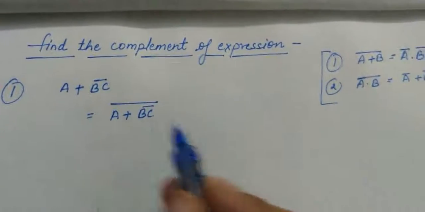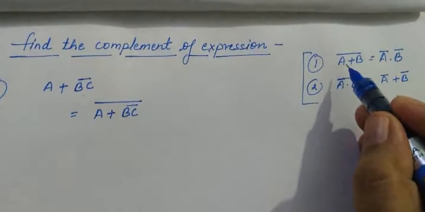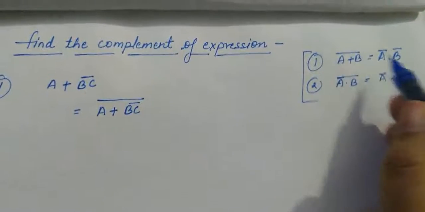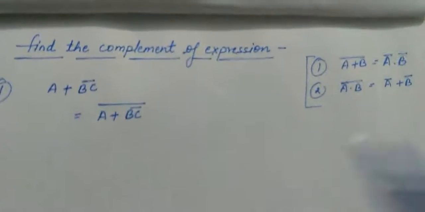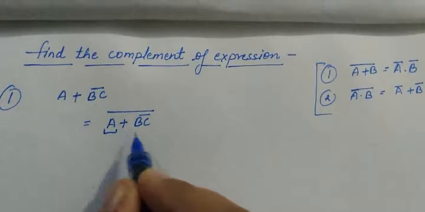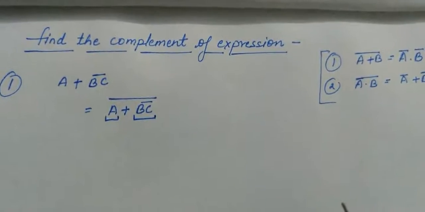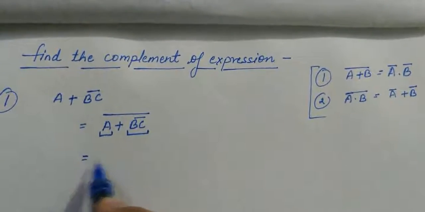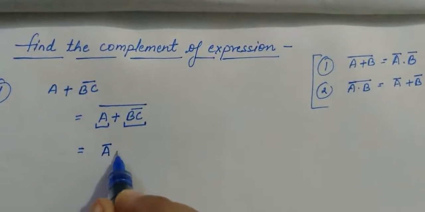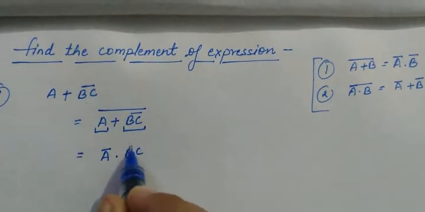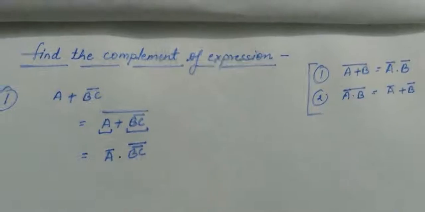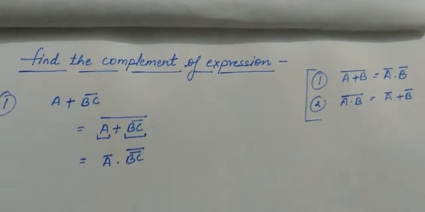According to De Morgan's law, (A plus B) whole complement is equal to A complement dot B complement. So we will assume this is A and this term is B. So we can simplify it as A complement dot (B C complement) whole complement. So B C complement here we have assumed as B.